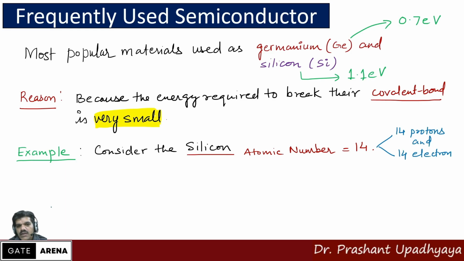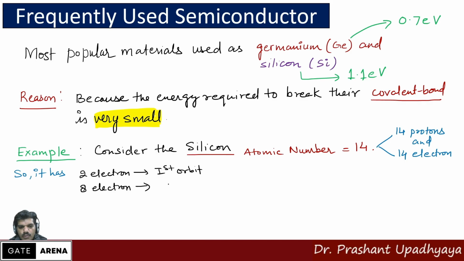Now we are going to see the orbit configuration. With respect to the orbit configuration, it has two electrons in the first orbit, 8 electrons in the second orbit, and 4 electrons in the third orbit.